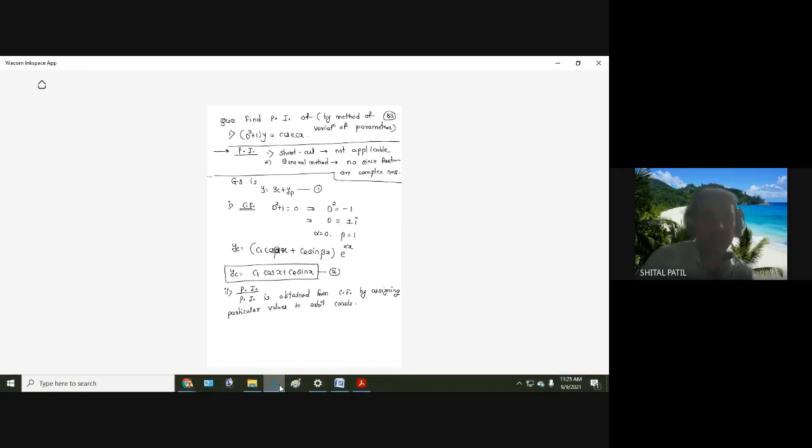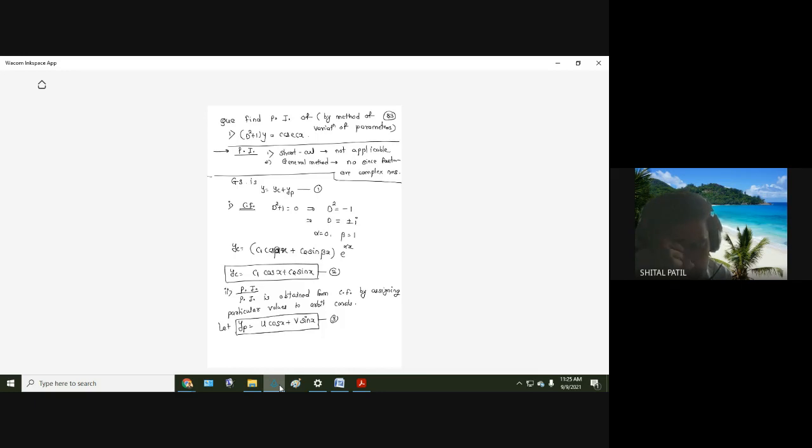No need to write this; if you want to leave it, you can leave it. But understand the concept, since it is the first example, I am writing everything. So y of p equal to, c1 is to be replaced by u cos x, c2 is to be replaced by v sin x. They are obtained from equation number 2. c1 and c2 are replaced by particular values. Now our aim is to find u and v.